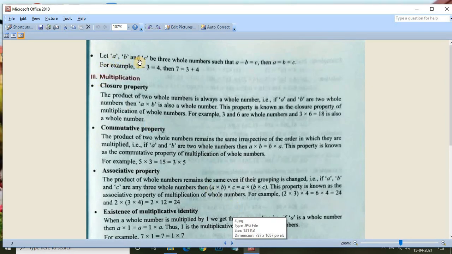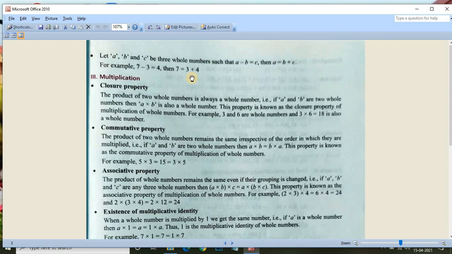Let a, b and c be three whole numbers such that a minus b equals c, then a equals b plus c. For example, 7 minus 3 equals 4, then 7 equals 3 plus 4.